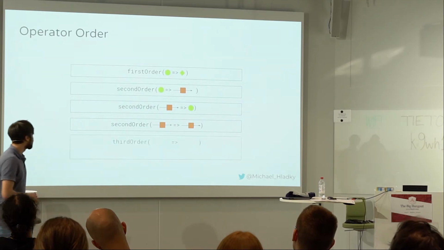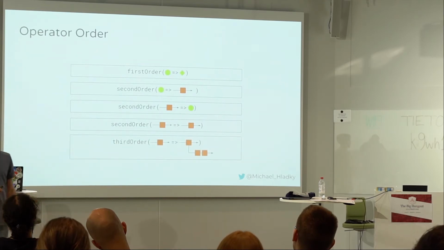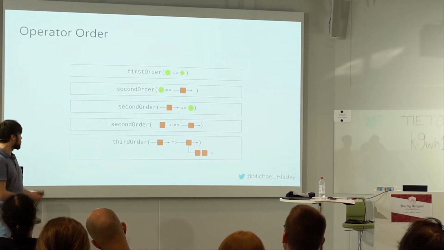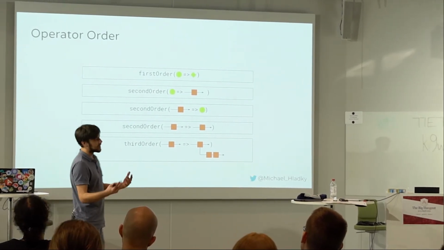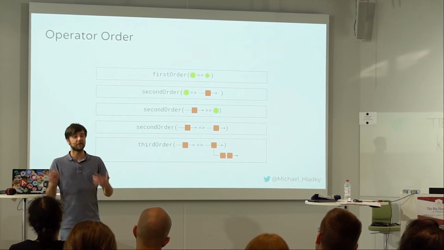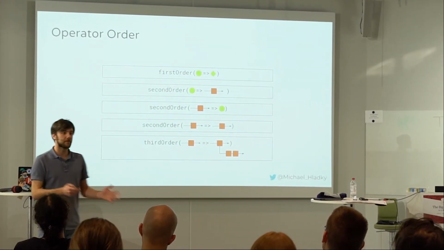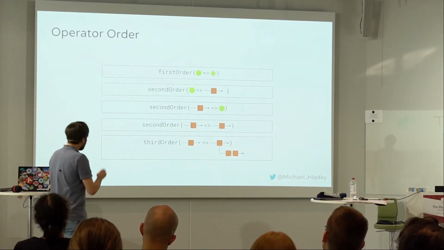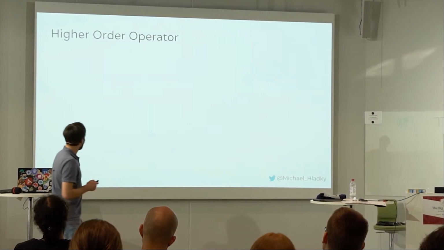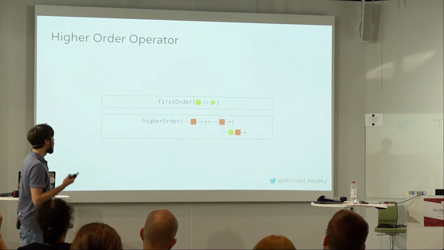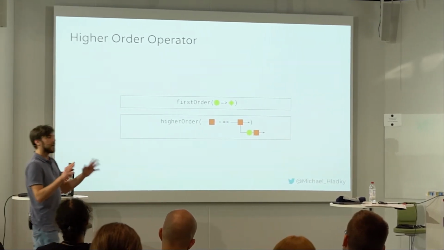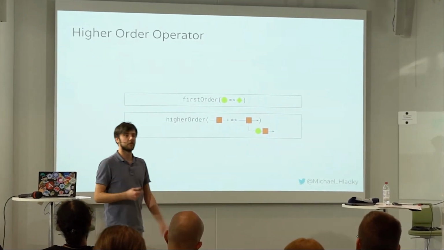And of course then there are third order operators. Third order operators, as you can see, take an observable and emit a higher order observable or the other way around. And same as with observables, operators are either first order operators or higher order operators, just so that we get the terminology of the order of observables.